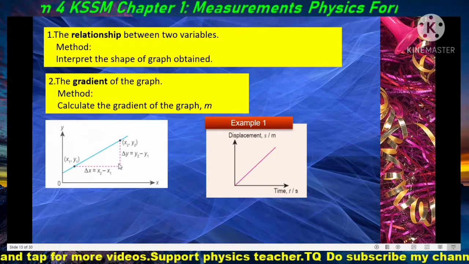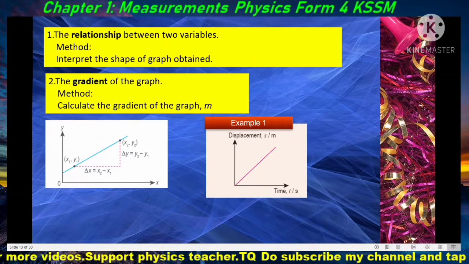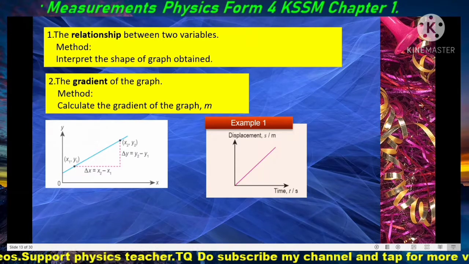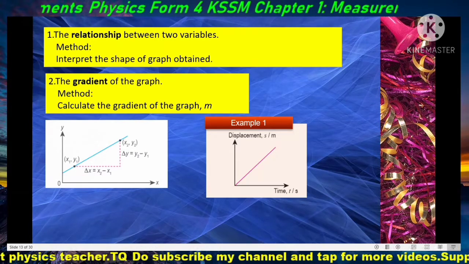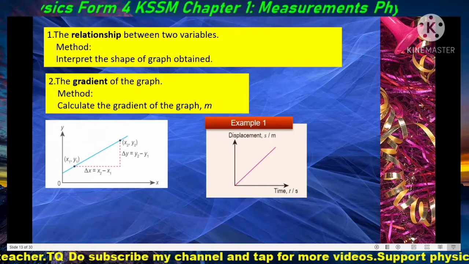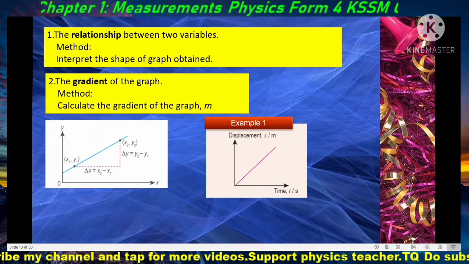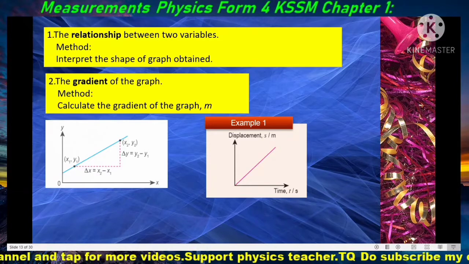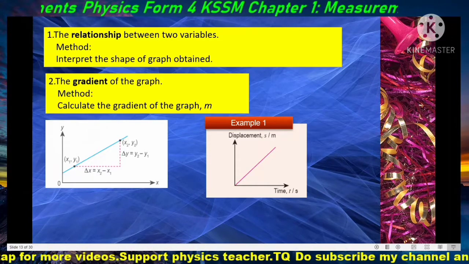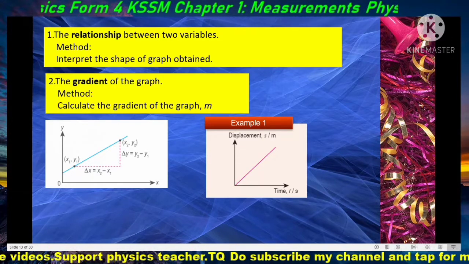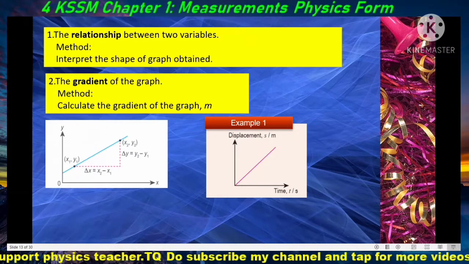At least the minimum size is 4 times 4 of the largest squares on the actual graph paper, or 8 cm height and 8 cm width. That is the minimum size. Actually, the larger the triangle, the more accurate the value that you get.